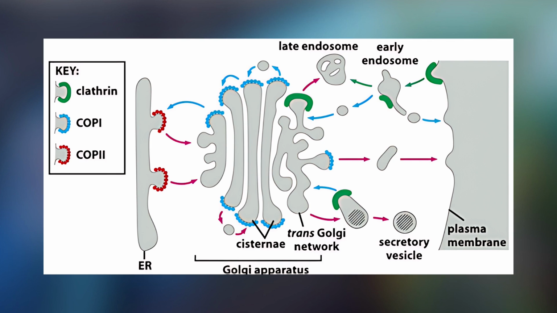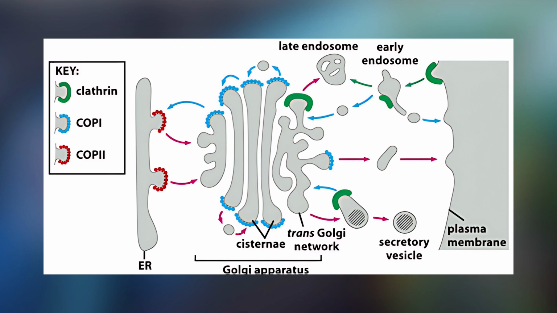So COP2 are the special proteins that pinch out the vesicles from the endoplasmic reticulum to the Golgi apparatus. COP1 vesicular coat proteins are those that are used to move vesicles back the other way, from the Golgi apparatus back to the endoplasmic reticulum.